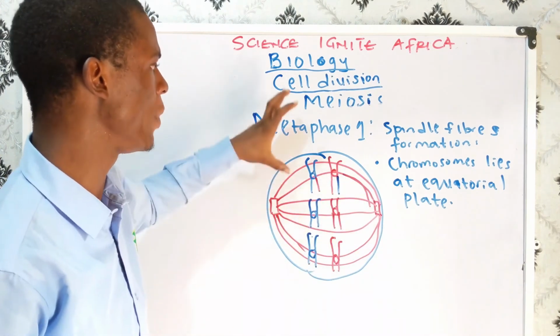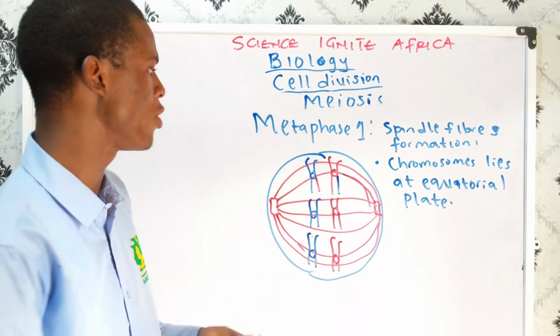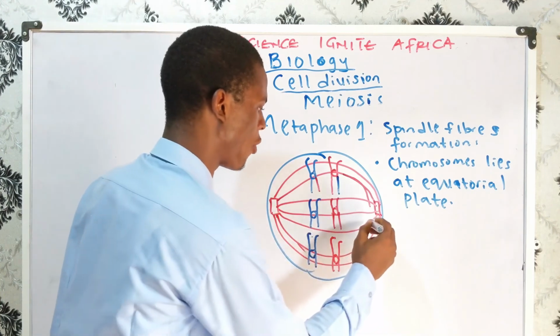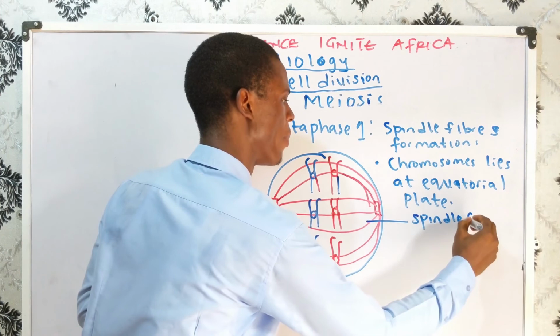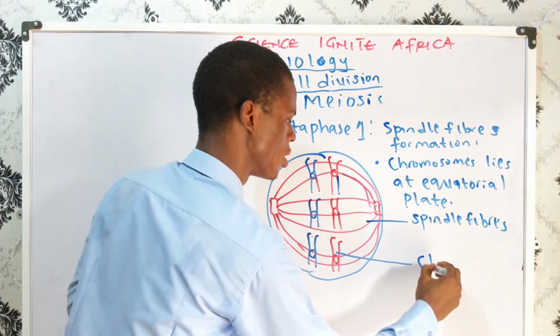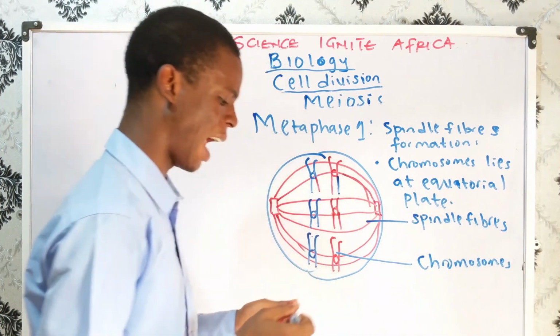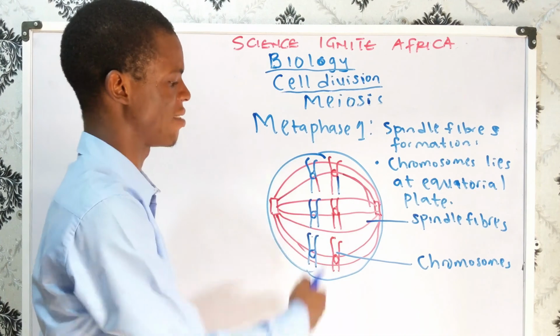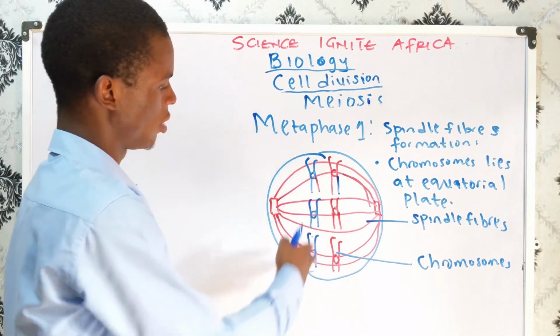So this is a pictorial diagram of what happens at metaphase. You can see your spindle fibers looking like a rope, and your chromosomes each lying at the equatorial plate, the center of the cell.